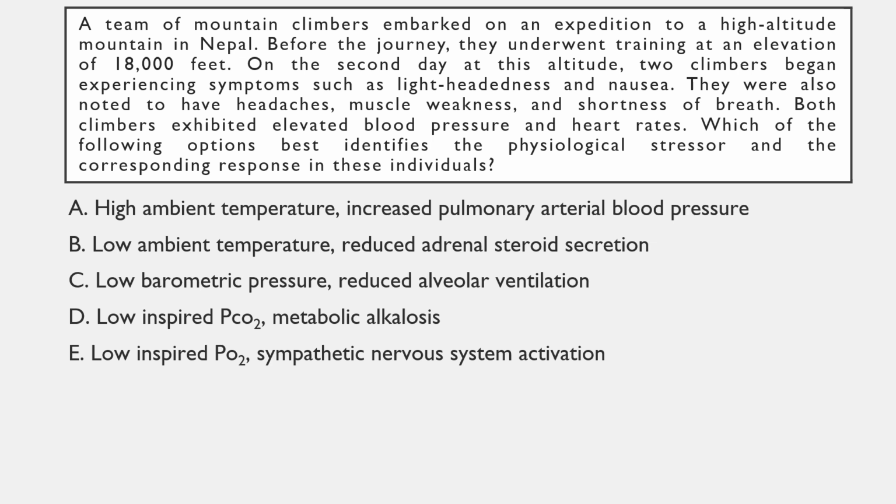Which of the following options best identifies the physiological stressor and the corresponding response in these individuals? A. High ambient temperature and increased pulmonary arterial blood pressure. B. Low ambient temperature and reduced adrenal steroid secretion.